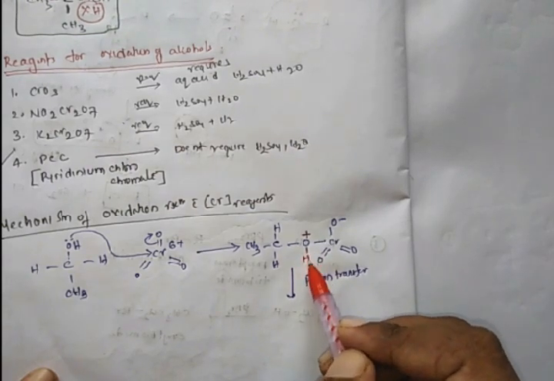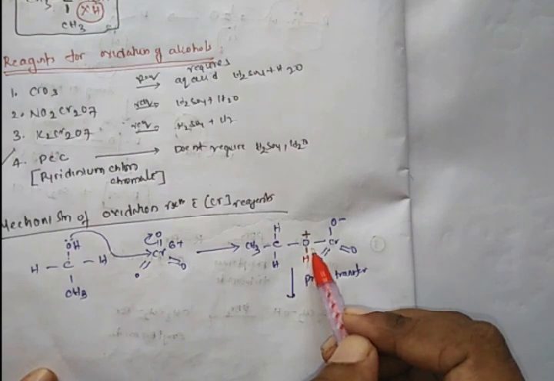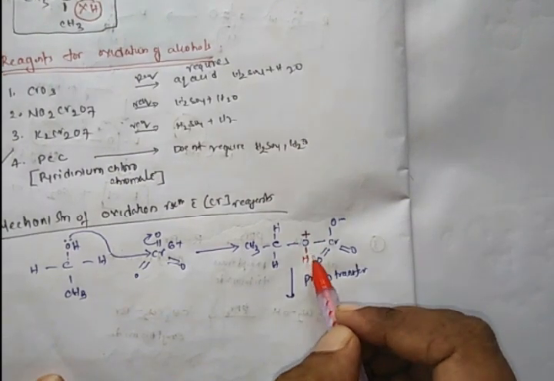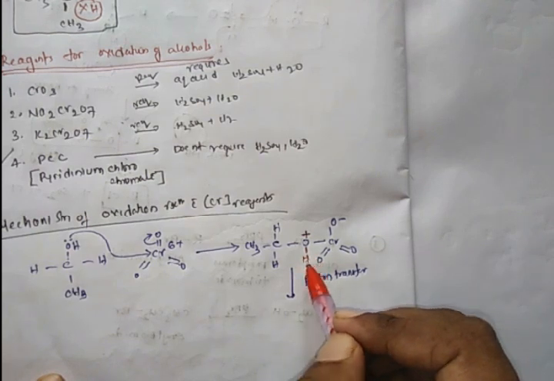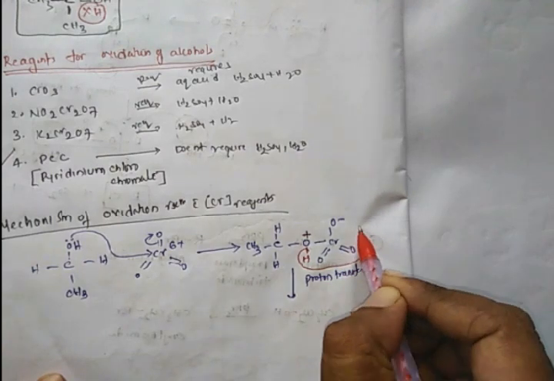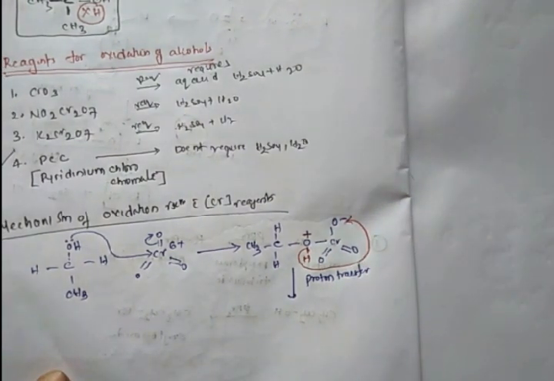The additional bond is with the hydrogen, so this is the weak bond among the 3 bonds. So oxygen is not interested in keeping this hydrogen atom, and this hydrogen atom will be transferred to this oxygen atom.